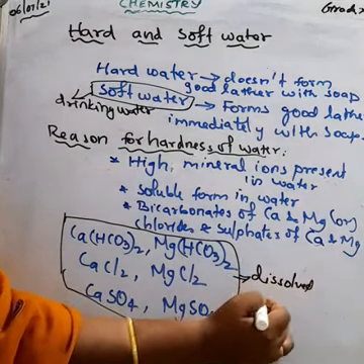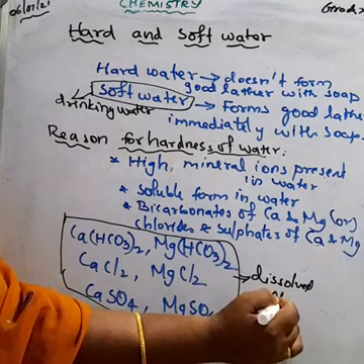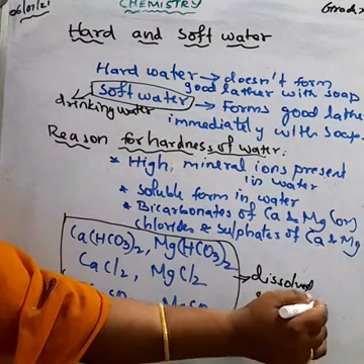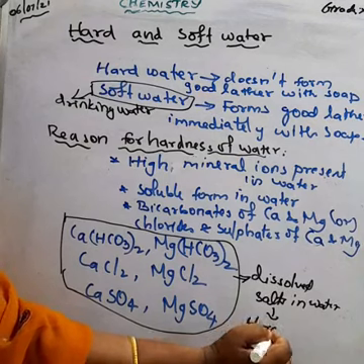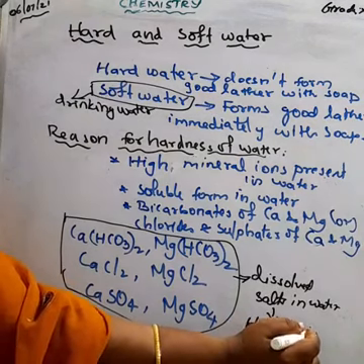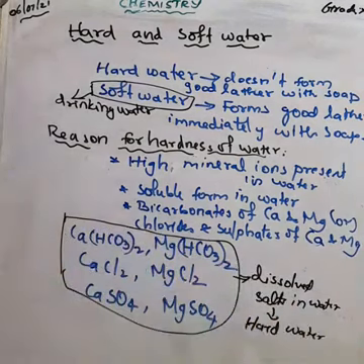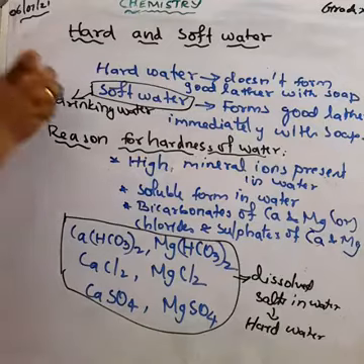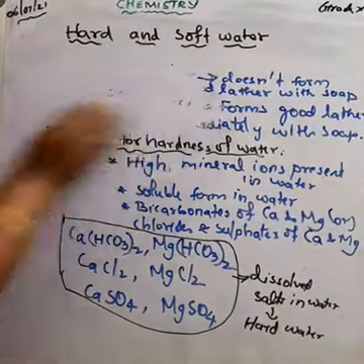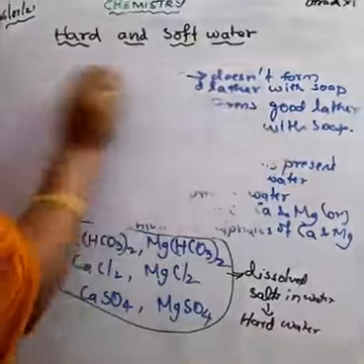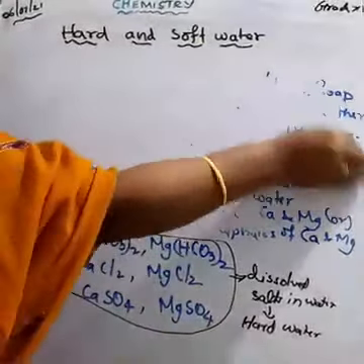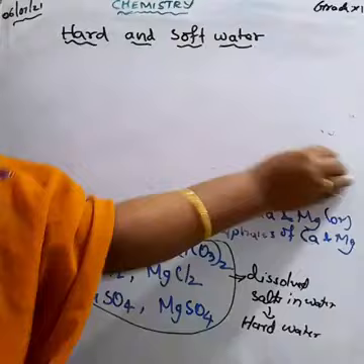Now how can we remove these dissolved salts in water? For that we should identify which type of salt is present in water. It is simple.